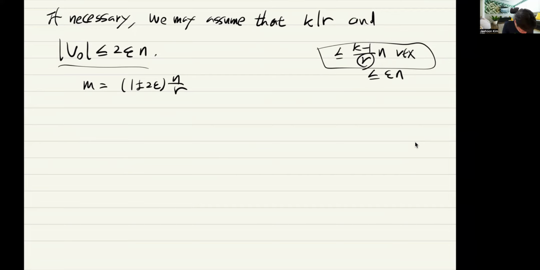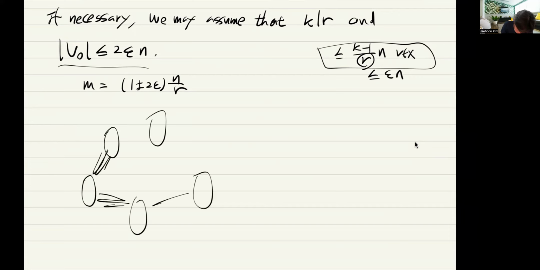Now what we want to do is that in this epsilon-regular partition, we will forget the old edges inside the clusters, and we will forget the old edges between pairs that are not epsilon-regular, and we will forget the edges between the pairs which are too sparse.